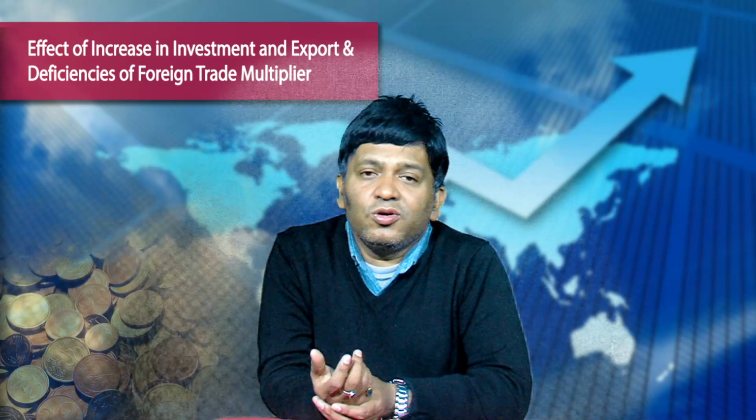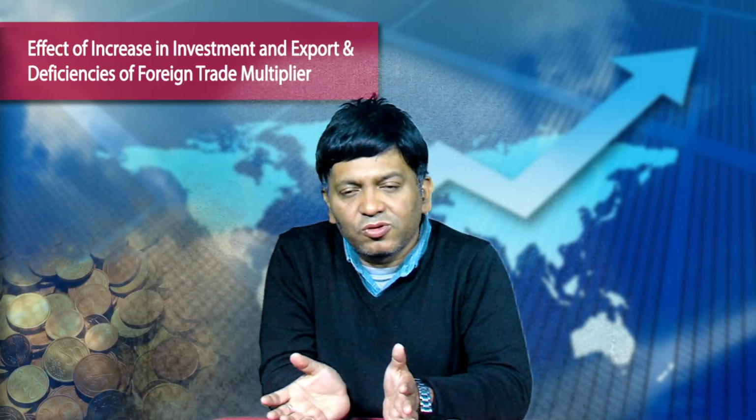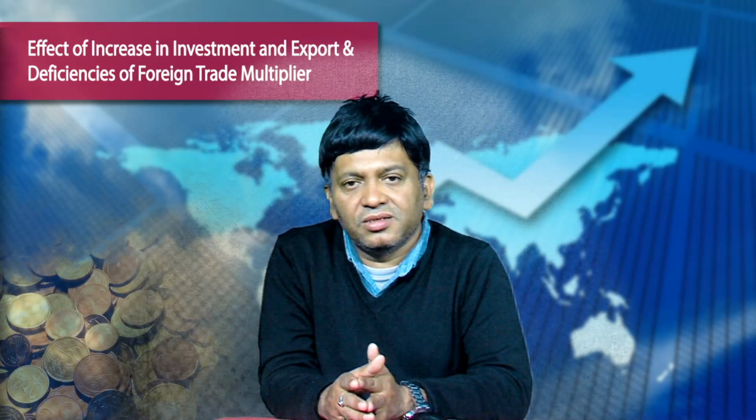Okay, basically the foreign trade multiplier as a concept can be expanded to make it more dynamic, but the assumptions that you are making sometimes make it a somewhat simplistic tool to capture the complex dynamics. Okay, thank you.